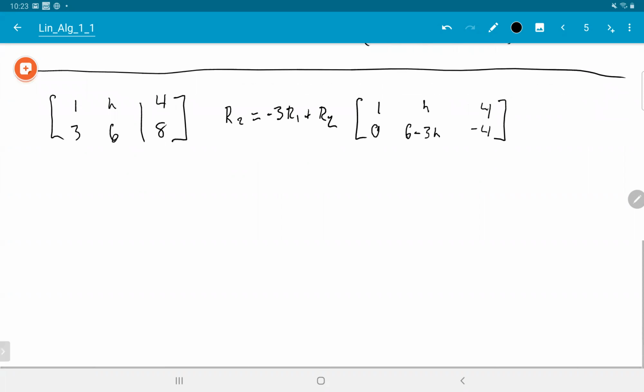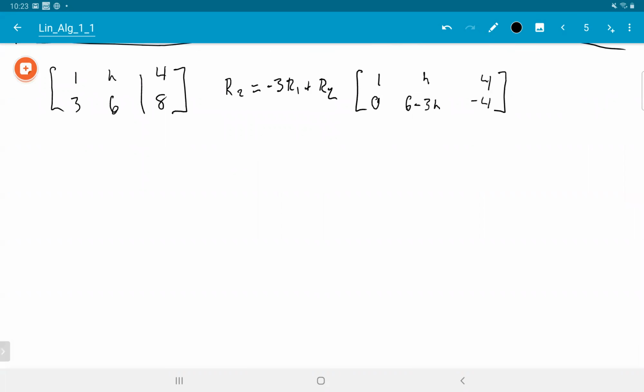Okay, and at this point, I might put this back into a system of equations so we can have a better picture of what's going on.